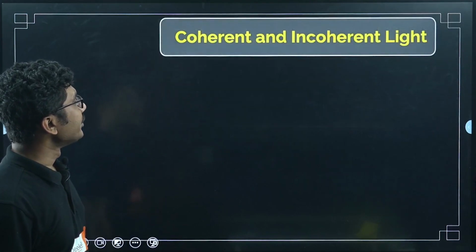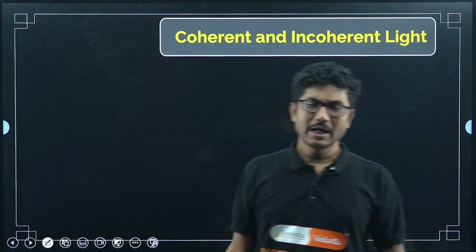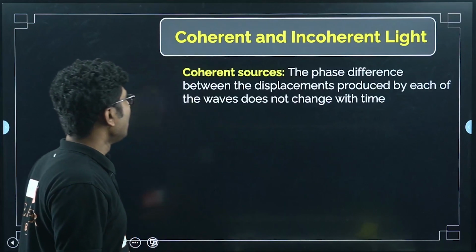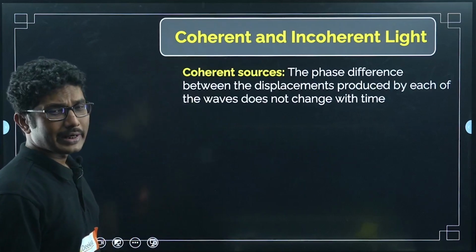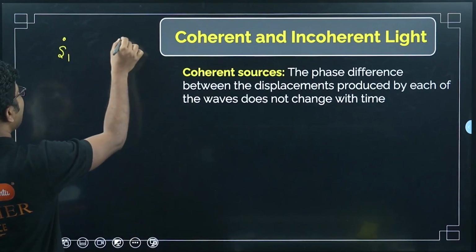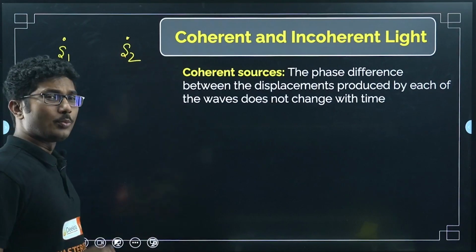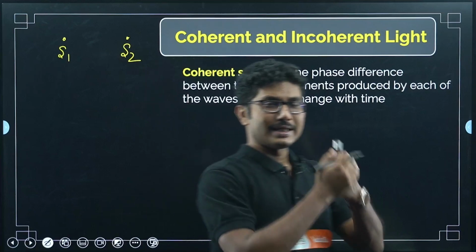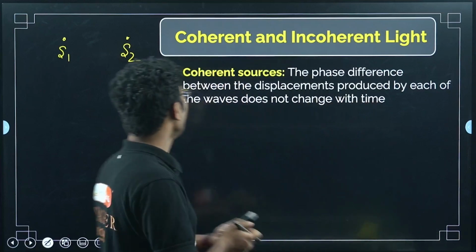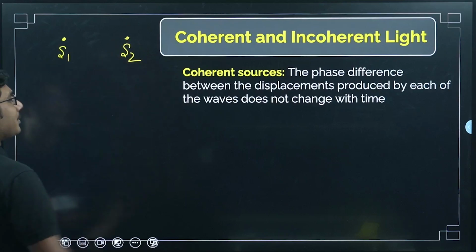Now let's move on to coherent and incoherent sources. Let us first look into coherent sources. What are coherent sources? Suppose we have two sources, S1 and S2, two brothers. When S1 is sleeping, S2 is also sleeping.